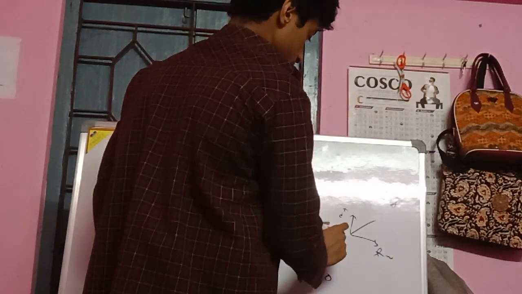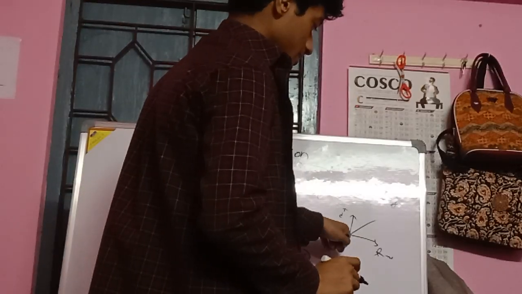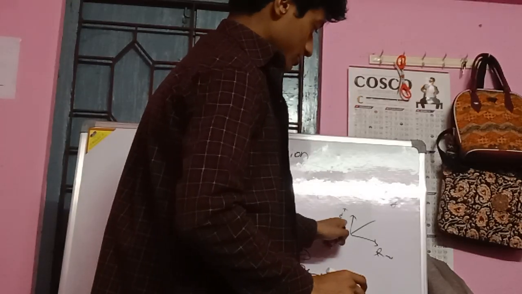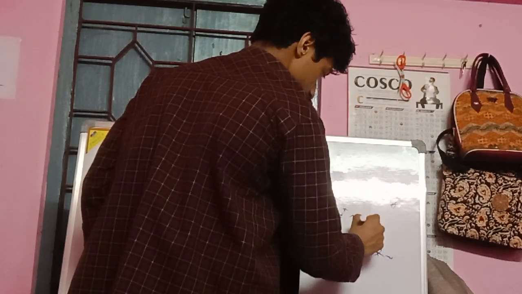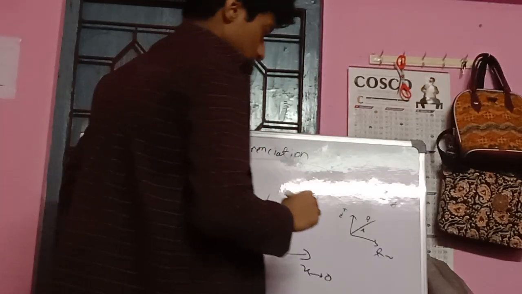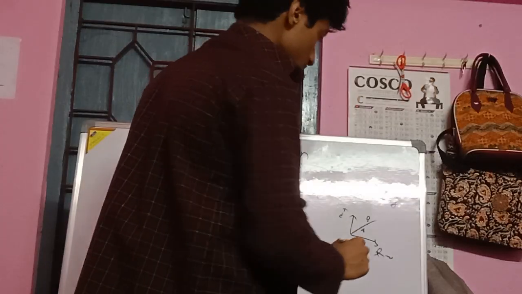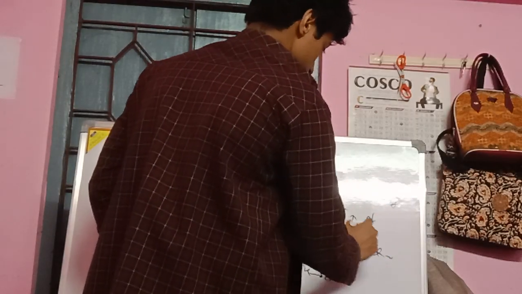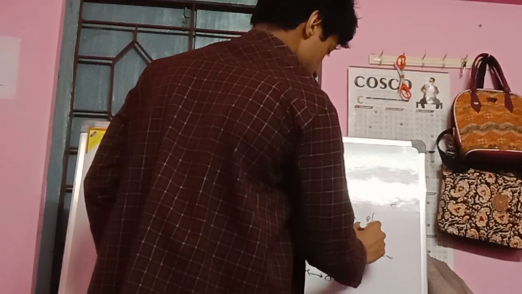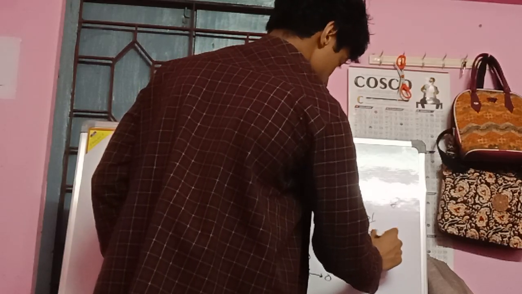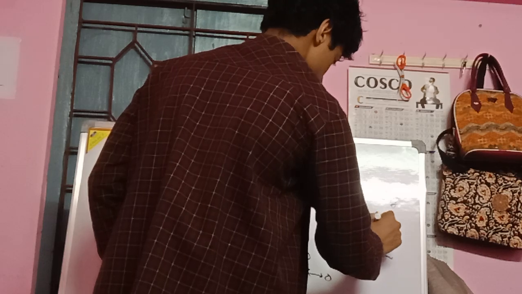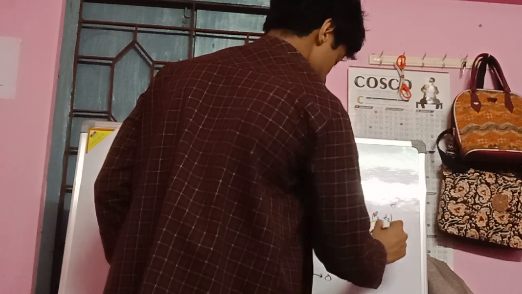Let's say initially at point 0, when t equals 0, displacement also equals 0, and we have a point A and a point B, where the coordinates of these two points are, for A, t1 comma d1, and for B, t2 comma d2.